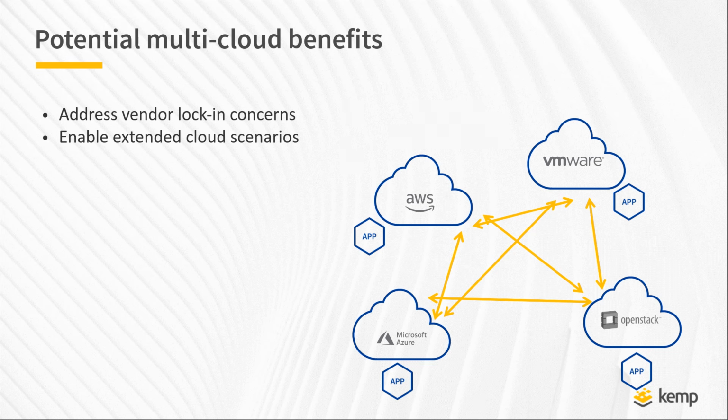Number two, we get some interesting functionality by enabling extended cloud scenarios. So you might have heard terms like cloud bursting. So I have an application hosted in one location, and when that demand exceeds the resource capability of that location, I can do what we call bursting, and then push and create more instances or availability of that application somewhere else.